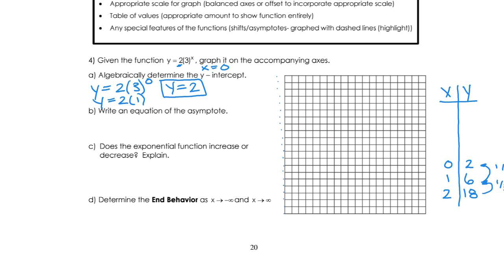And then we go ahead and graph some negatives. So this would be -1. If we take 2 times a third, we would get 2/3, which is why in our table we see 0.6 repeating. Maybe take a -2. If we multiply 2/3 by a third, we would get 2/9.